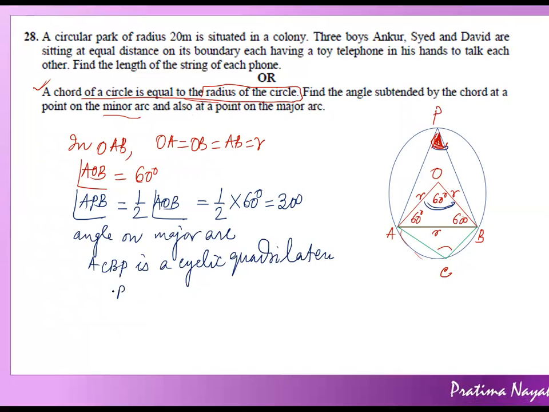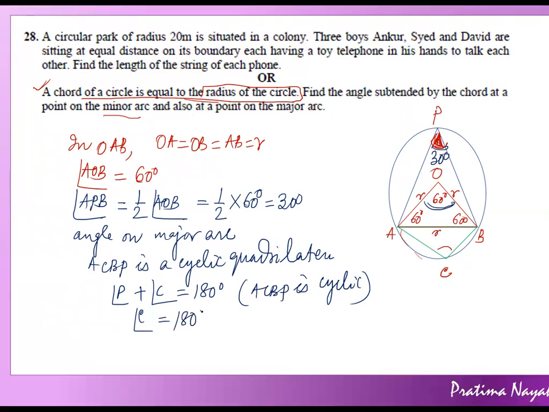Only write that angle P plus angle C is equal to 180 degree. Why? ACPB is cyclic. Instead of writing the whole line, you can write this one. So P angle we have got 30 degree. So C angle will be 180 minus 30. That will be 150 degree. So this is the angle at the point on the minor arc.